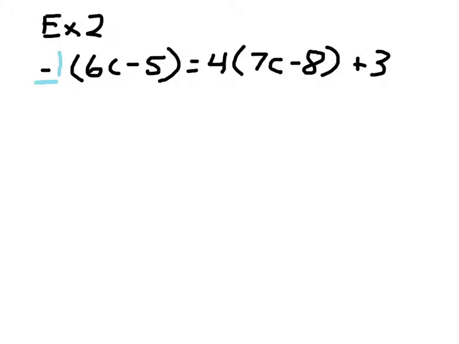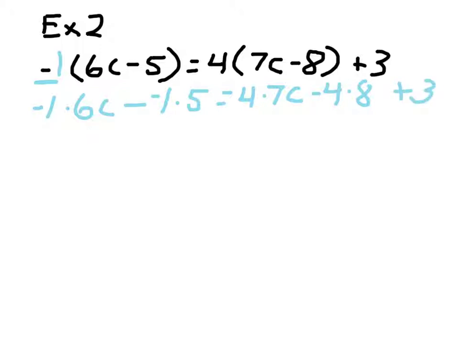You take a negative 1 times 6c minus a negative 1 times 5 equals 4 times 7c minus 4 times 8, and then I have the plus 3. Notice that this 3 has nothing to do with the distributive property since it's being added outside the parentheses.